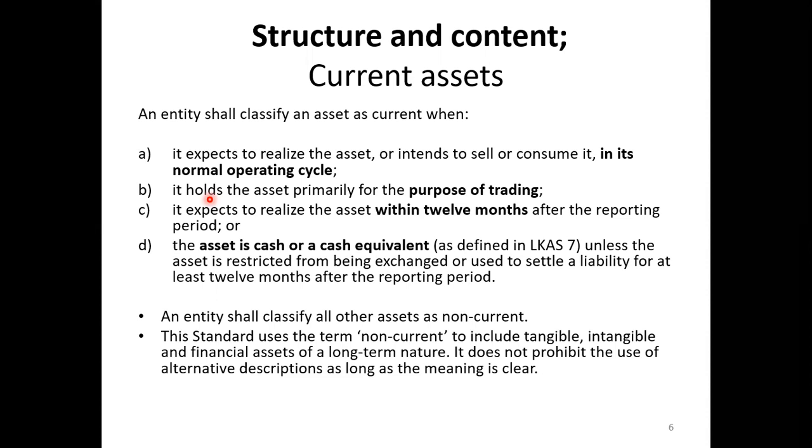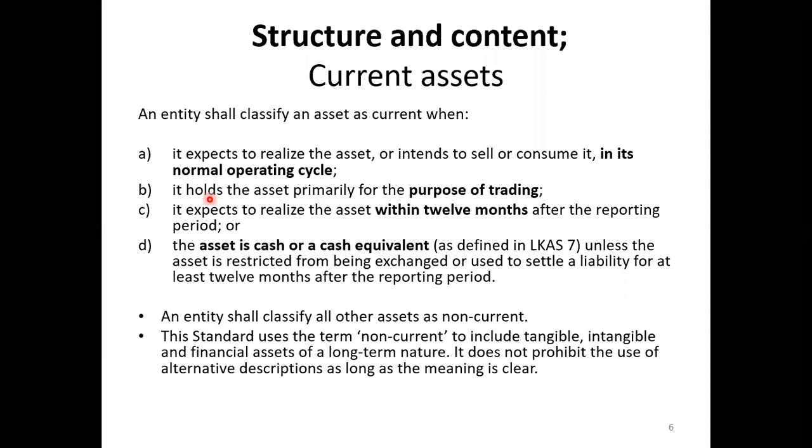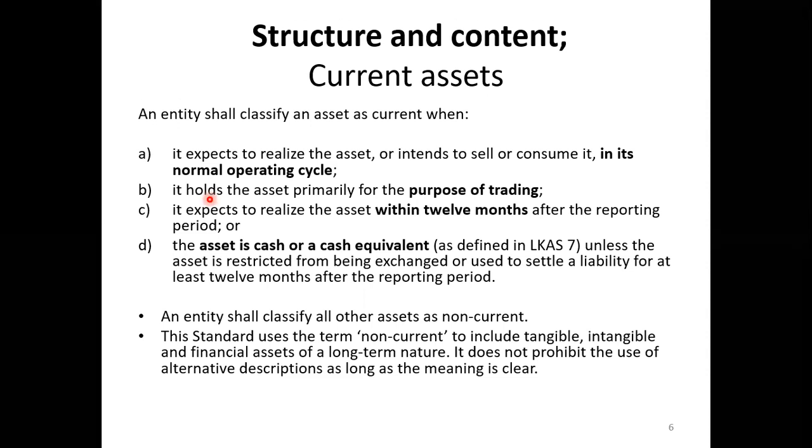So in those circumstances, it will treat it as current assets, not under non-current assets, because the purpose of the purchase of land is not for use. Rather, the purpose is selling the land to make profit.